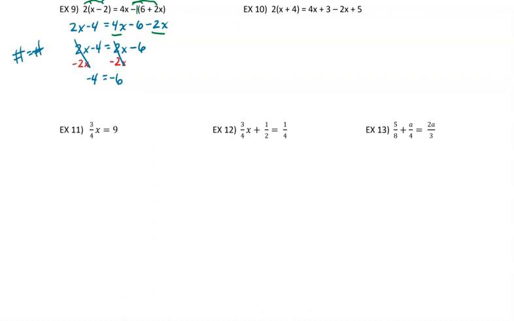So in this case, does negative 4 equal negative 6? No, that's false. All right, they don't equal each other. So in this case, it actually means that this equation has no solution.